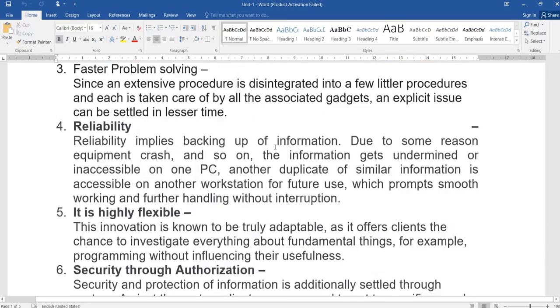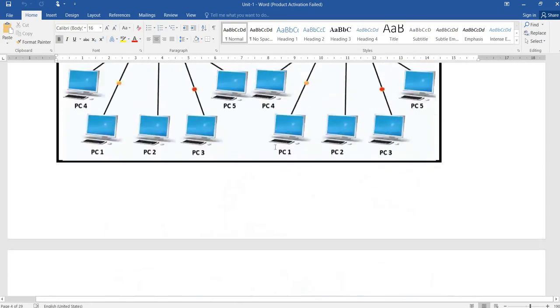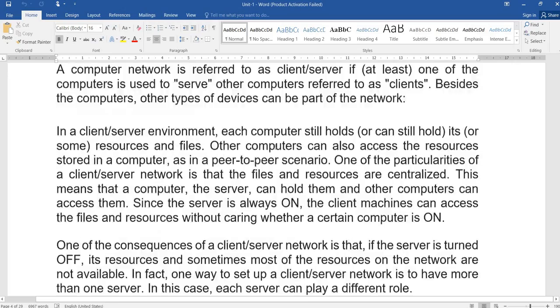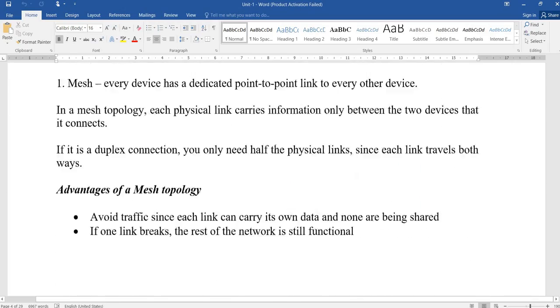What are the things in this layer 1? Let me open it again and recap.